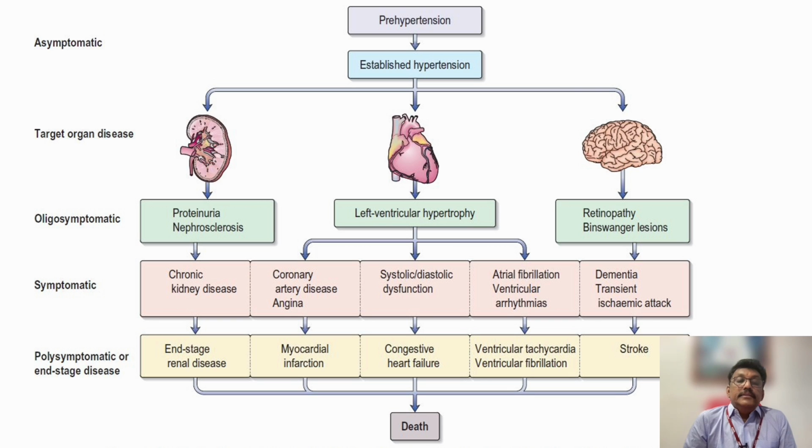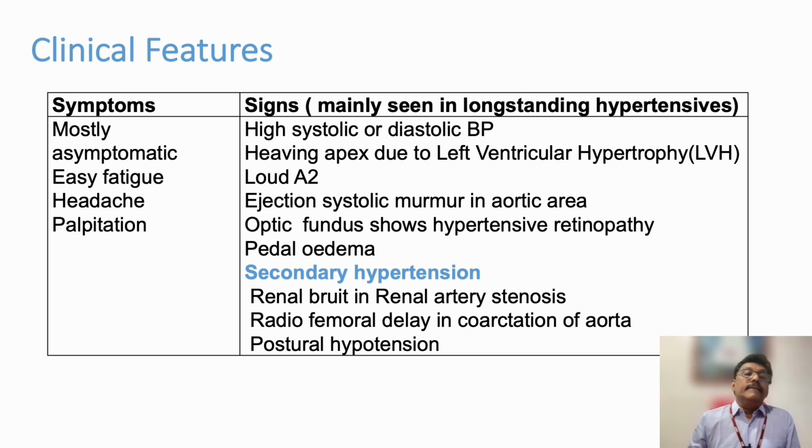Heart: coronary artery disease, myocardial infarction, congestive heart failure, ventricular tachycardia, or any types of arrhythmias are common. Brain: stroke or TIAs are common. Transient blindness also can occur in patients who have hypertension. So these are the common end organs which can get damaged in hypertensive disease.